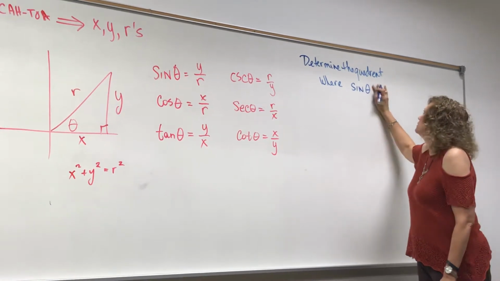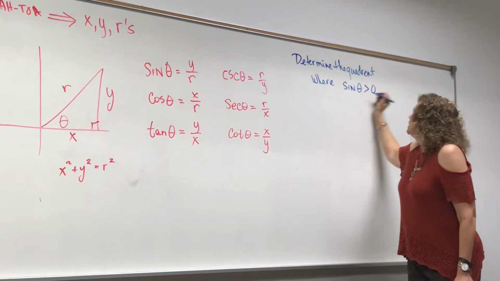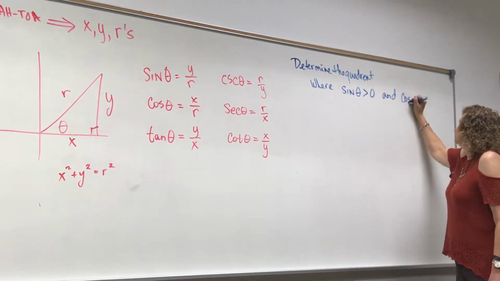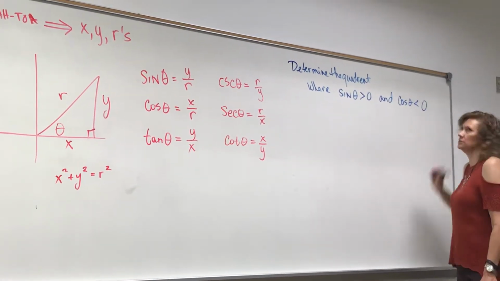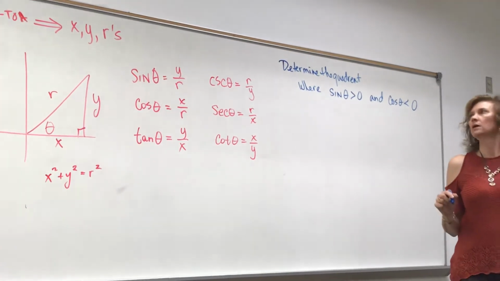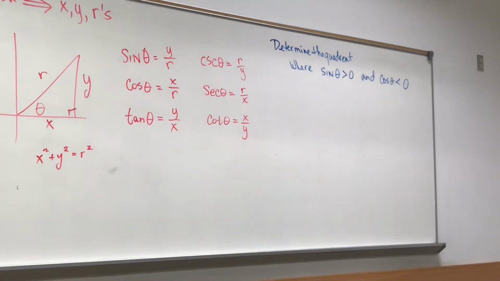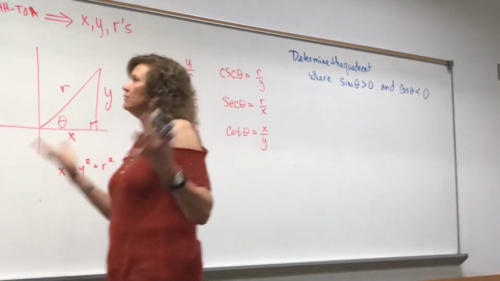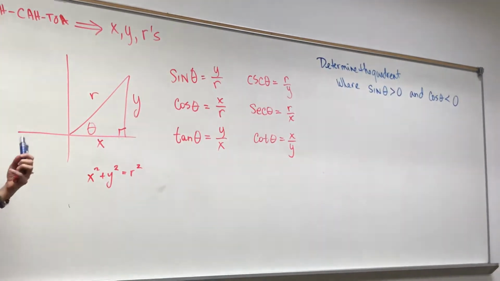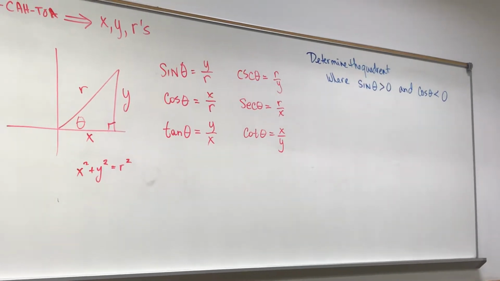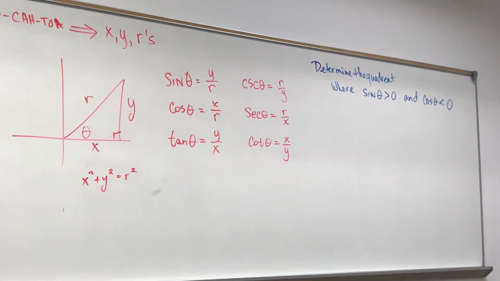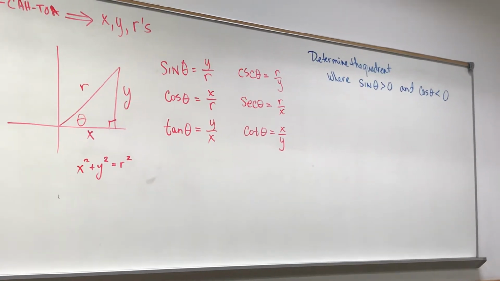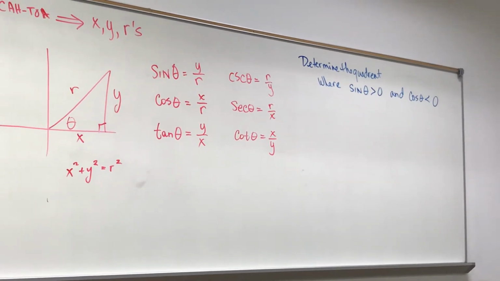Greater than 0, and where cosine of theta is less than 0. I still don't have a great reason. It just always is positive, and we could think of it as the radius of the circle. The negativeness and that kind of stuff is part of the legs, but the hypotenuse is just always positive.